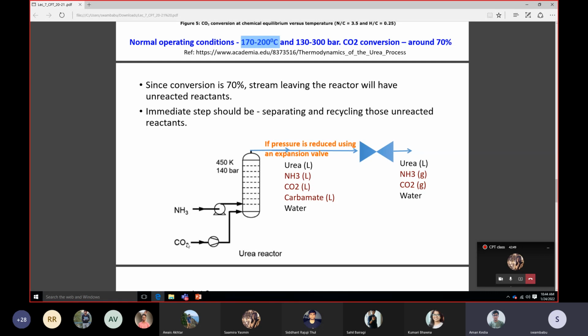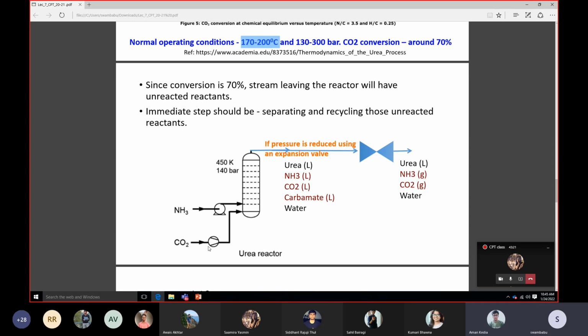Here, this is a liquid phase reaction. So CO2 has to be compressed to high pressure to convert it into liquid. And the liquid ammonia coming from the ammonia production process is pumped, and both are directly introduced into the reactor.